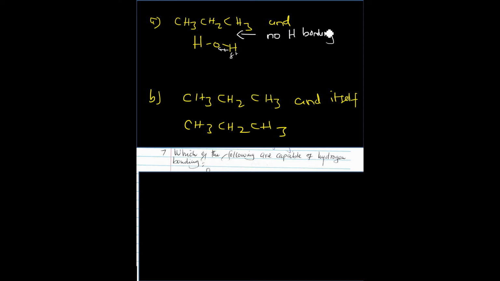For hydrogen bonding to happen, both molecules should have hydrogens which are bonded to an electronegative element. This structure here does not have hydrogens bonded directly to a strong electronegative element, so there's no hydrogen bonding. Same applies here. No hydrogen bonding possible because the structure on top has no hydrogen bonded to an electronegative element.